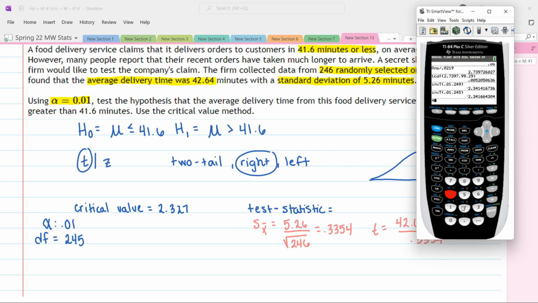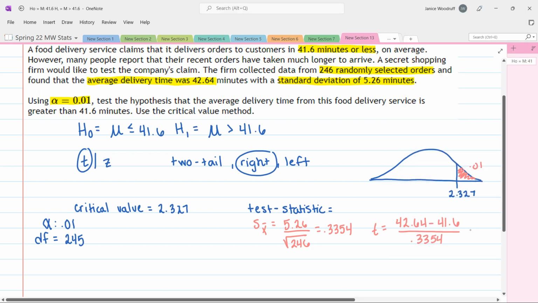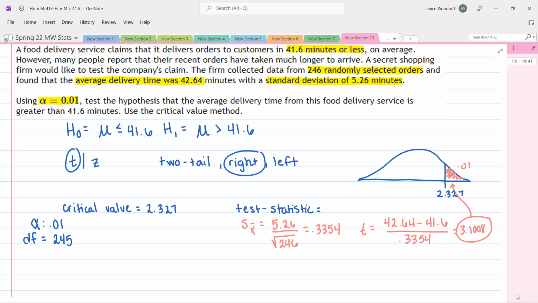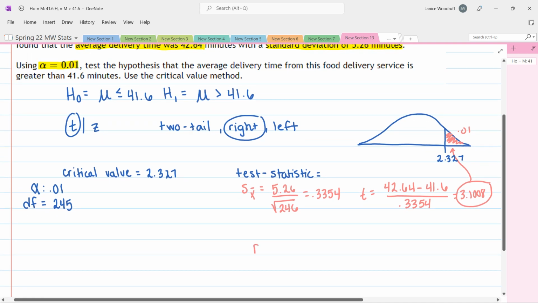Okay, so 42.64 minus 41.6 over 0.3354 gives us 3.1008. Okay, so our test statistic, 3.1008. That's in there. So our decision is what? Reject the null.